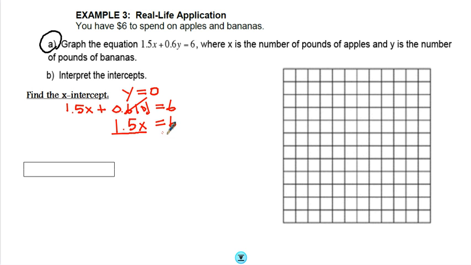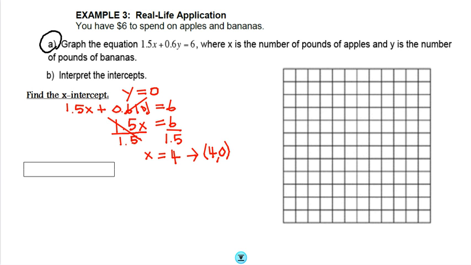Divide both sides by 1.5 to find x. And 6 divided by 1.5, that's going to give you, if you put in the calculator, a 4. So your x-intercept for this problem will be 4, and x-intercept is when y is 0, so it'll be 4, 0.